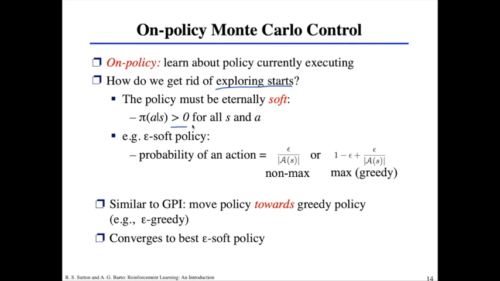If that's true, and you're randomly sampling that policy, then eventually you'll still visit all the states, right? So this is called an epsilon soft policy, and you can define it in many different ways, but you basically normalize over all the actions. Fancy A here means all the actions available in this particular state, and epsilon is some small number.